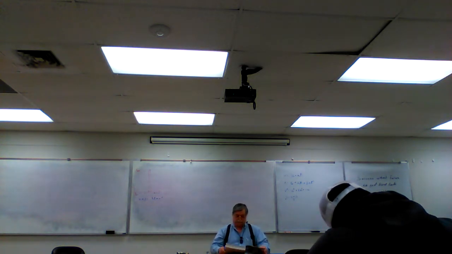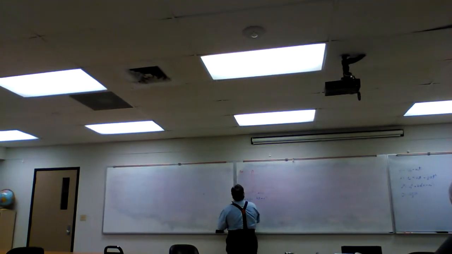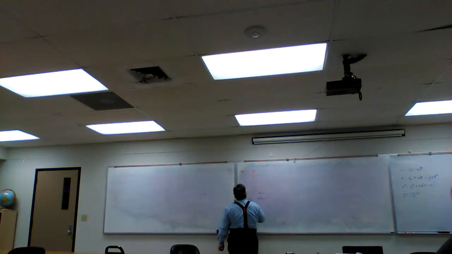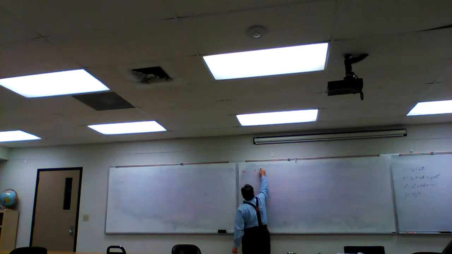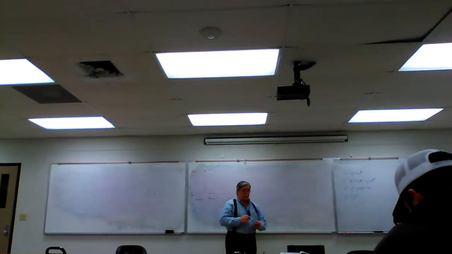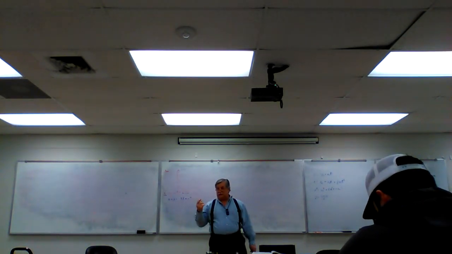Everybody there? We know that, what do we know about this point here? We know that at the very top, at the very apex of that trajectory, the velocity is going to be 0.